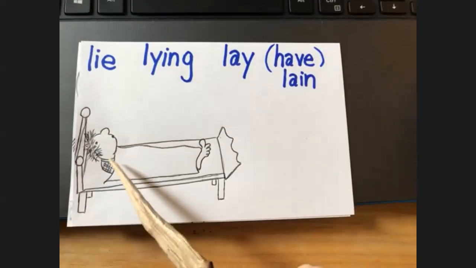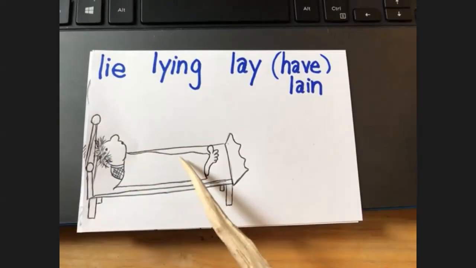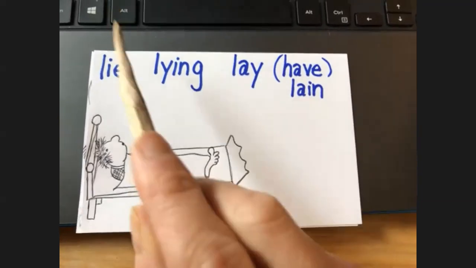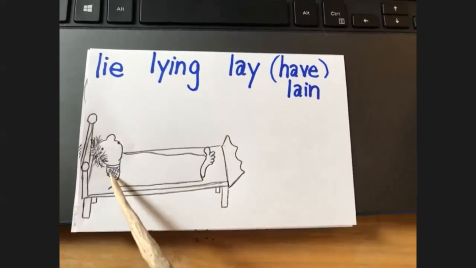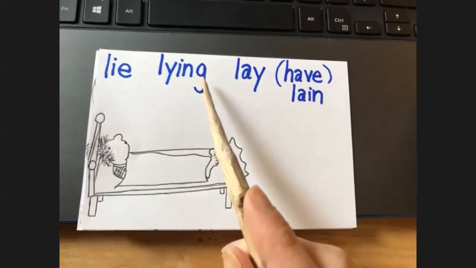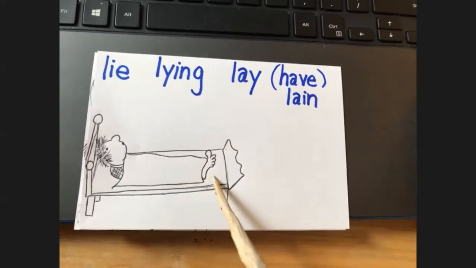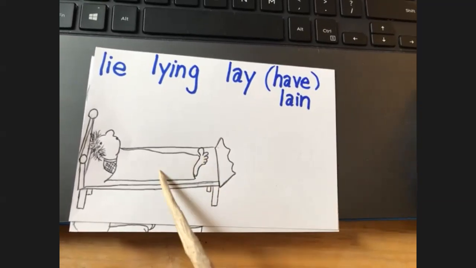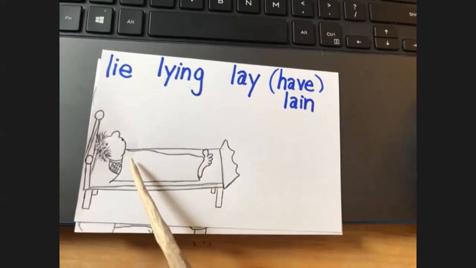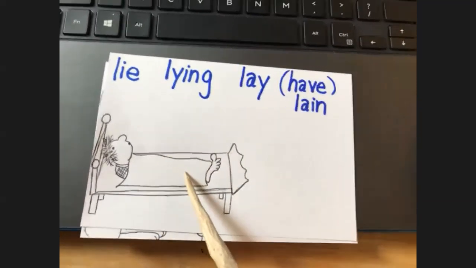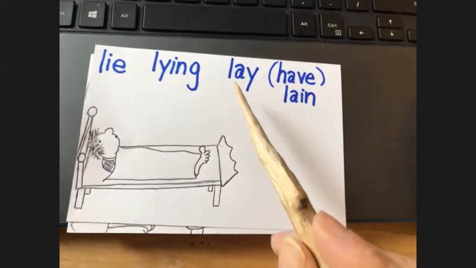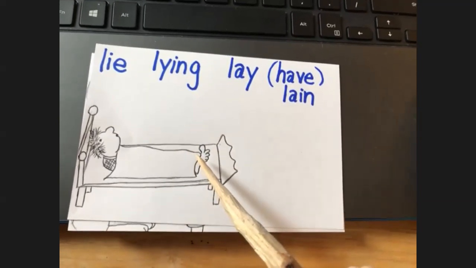Look at this fella here. Doesn't he look silly? He likes to lie down to sleep every night, doesn't he? He's lying there in his bed. Little toes sticking out under his covers. He's lying there to go to sleep. He lay there a long time.